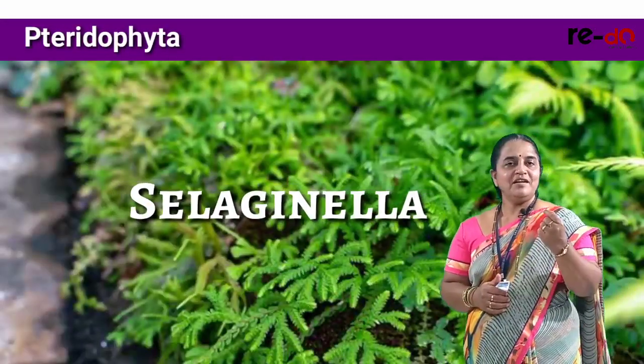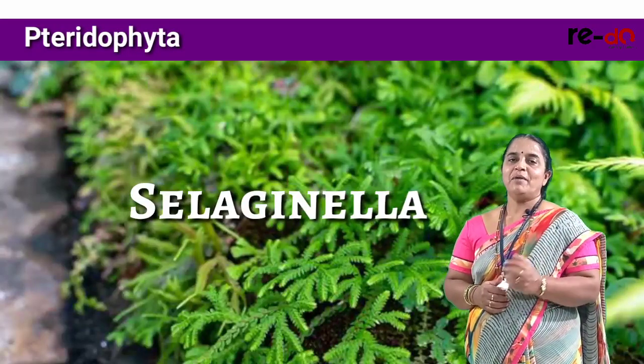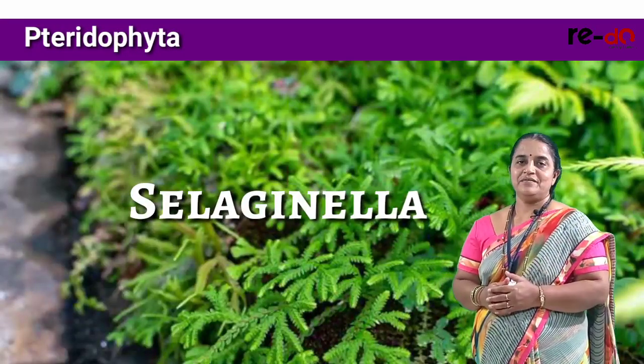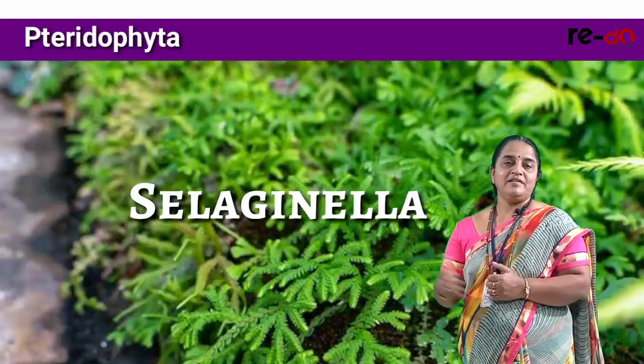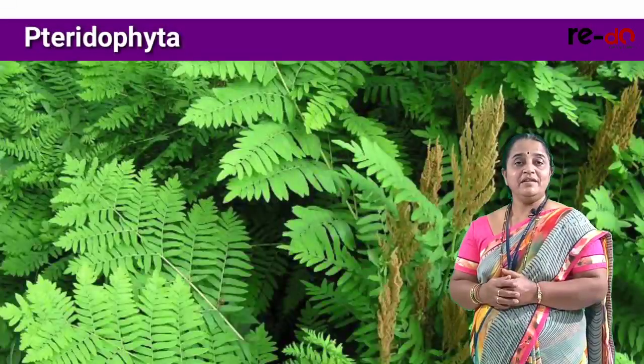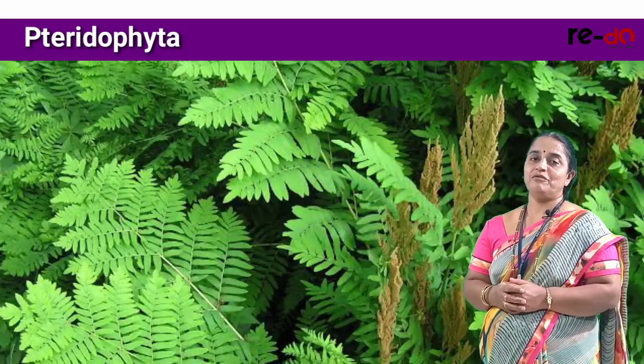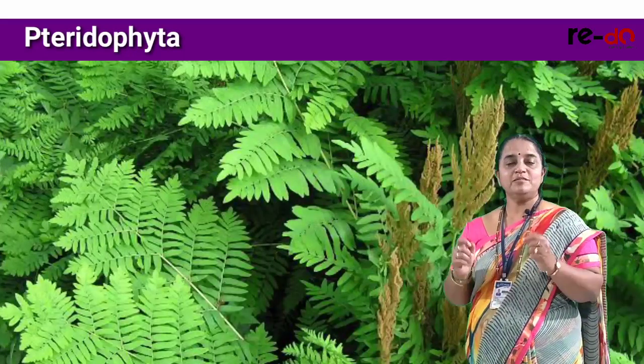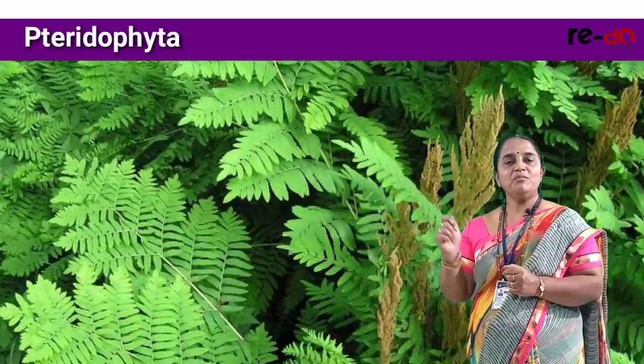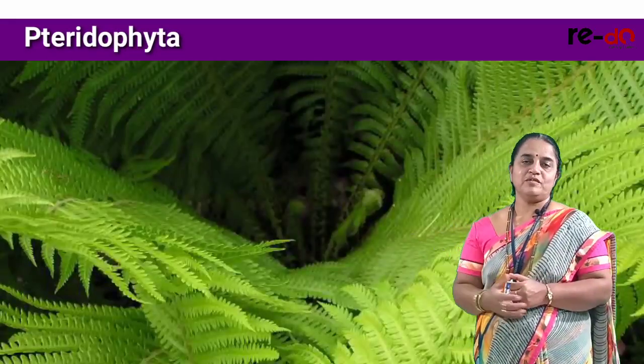In the plant Selaginella, the leaves are tiny, hence called microsporophylls. And in other plants, the leaves are big, like in ferns, they are called macrosporophylls. Now when we use the word sporophyll, the leaves are modified to produce the spores.